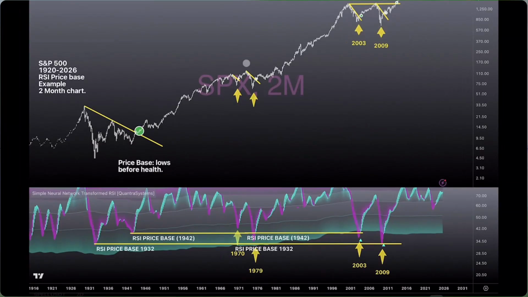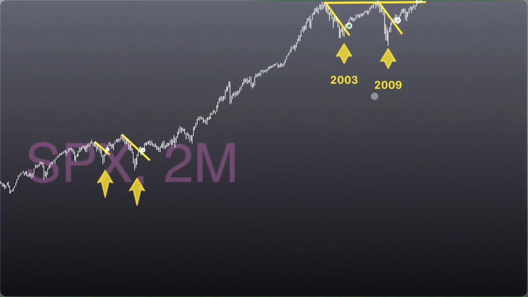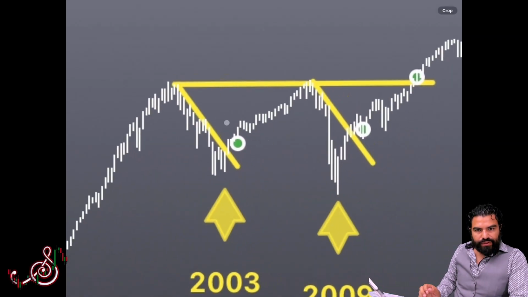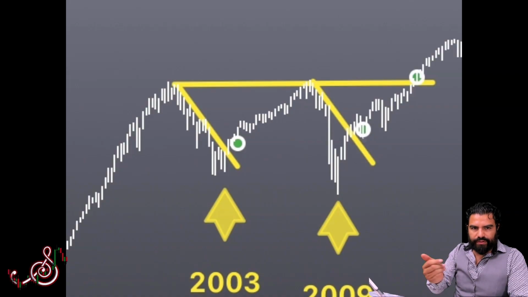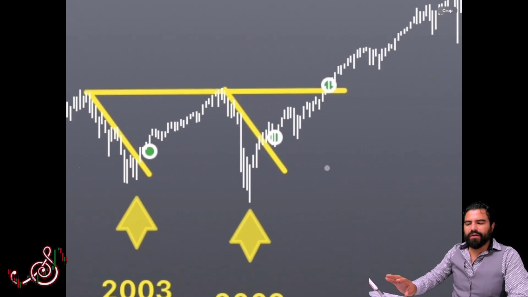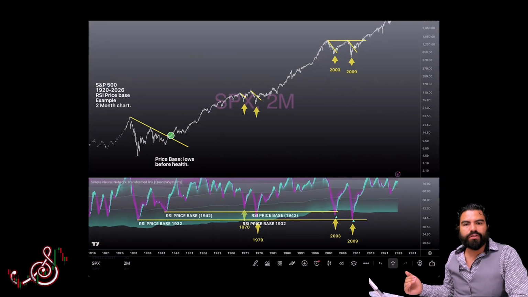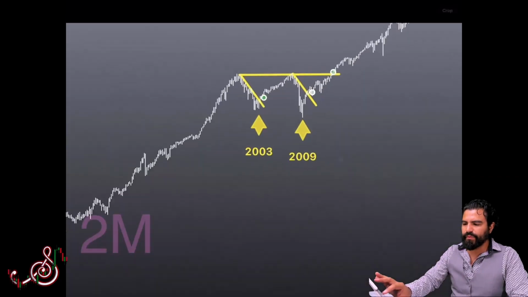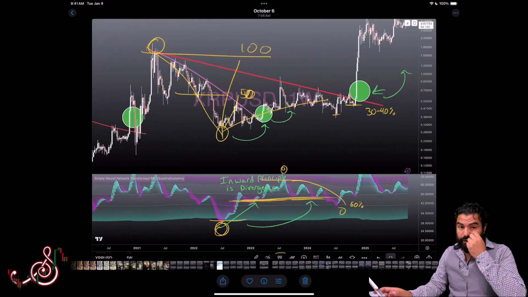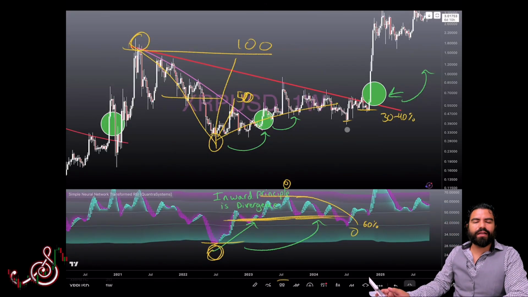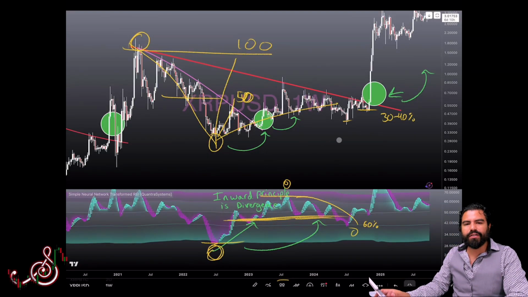All of those were bottoms telling us that bottoms were coming into the market using this principle. The principle number 3 today is to make sure we're confirming with health in these areas. Principle number 4, the RSI pullback, is built into principle number 1, which is the RSI price base. These tutorials are designed to help you master RSI in this way of reading your charts in RSI.